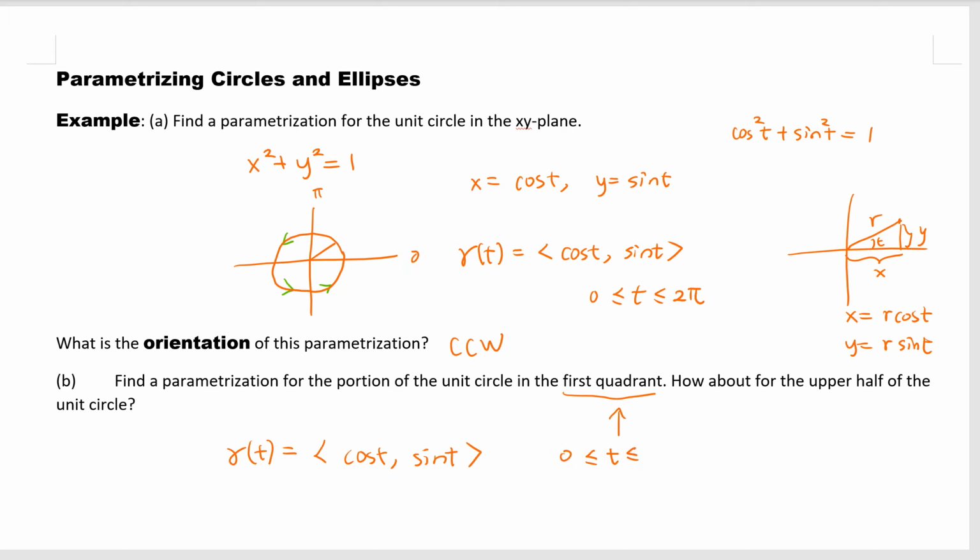This is pi over 2, right? This is pi, this is 3 pi over 2, and then 2 pi will get back here. So we have pi over 2 for the first quadrant, and for the upper half, t goes between 0 and pi. The restricted domain for t gives us different portions of the unit circle.